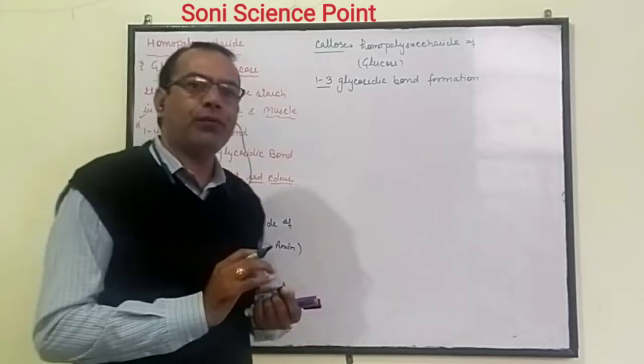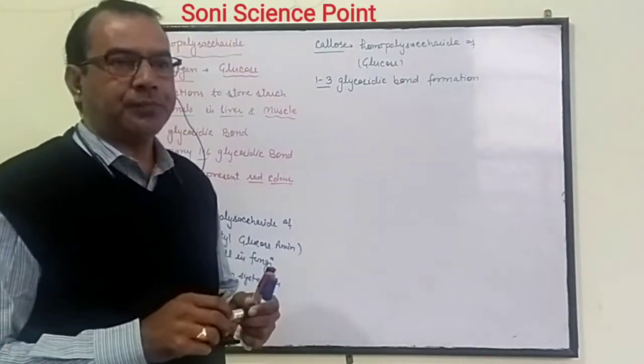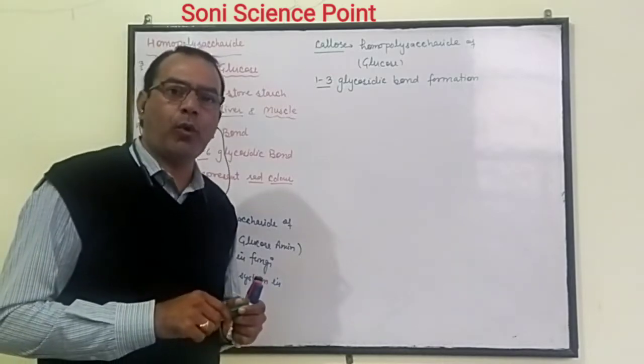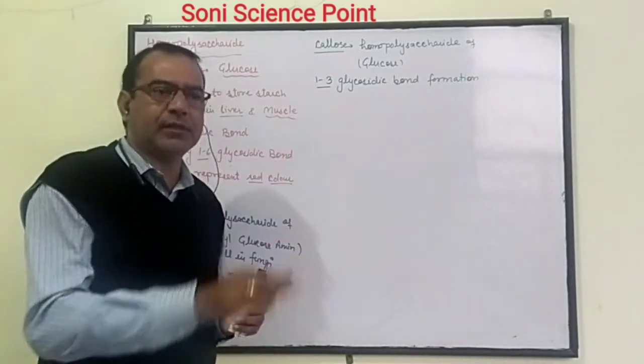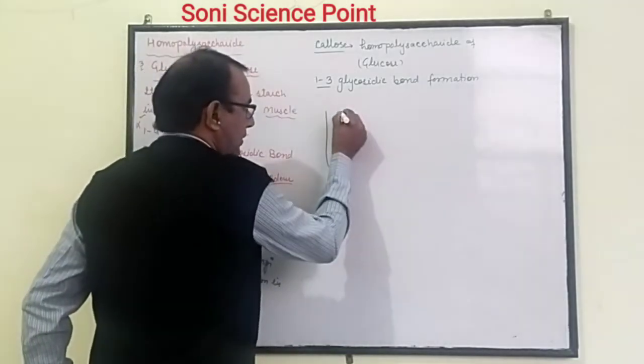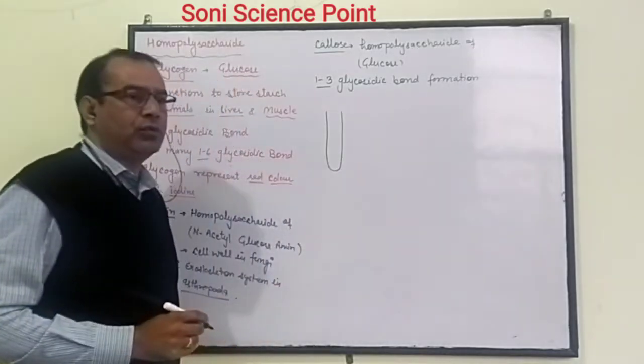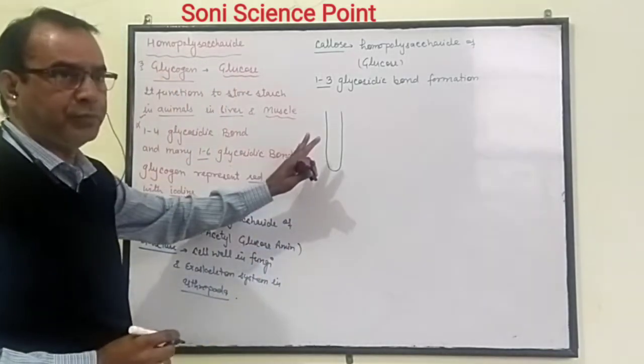What is the role of callose? Callose is formed in the pollen tube, like the formation of a block band. As the pollen grain falls on the stigma, it starts to germinate and forms a pollen tube in the style.